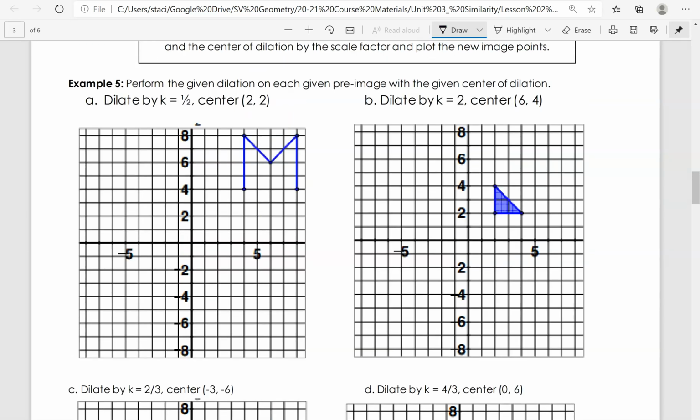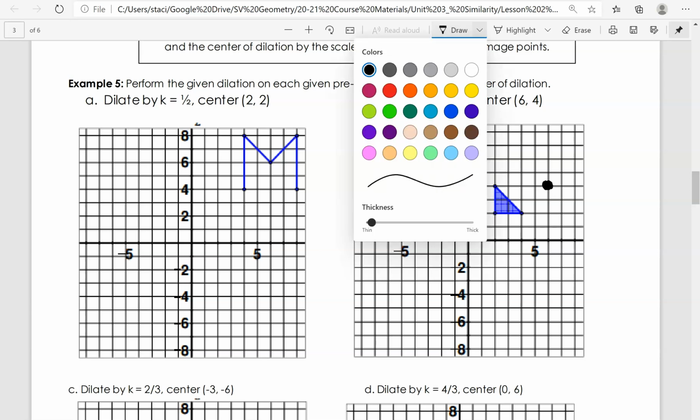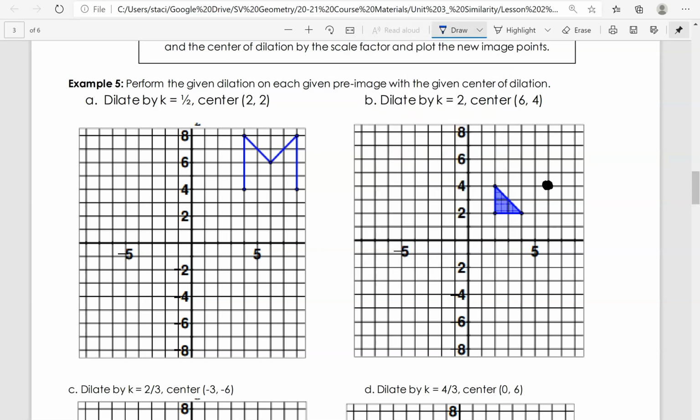All right, for this one, we're actually going to do part B because part B is an enlargement, whereas the one we just did was a reduction. So if my center of dilation is 6, 4, and I label my original figure as A, B, and C, we can do the same thing that we did before.